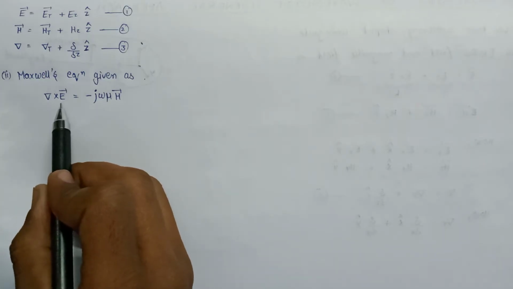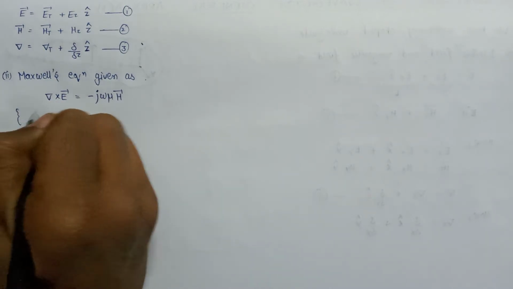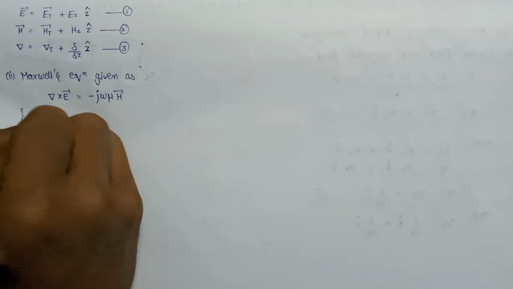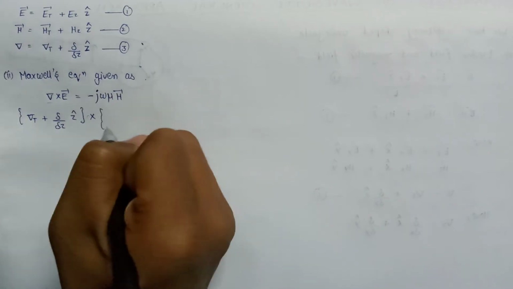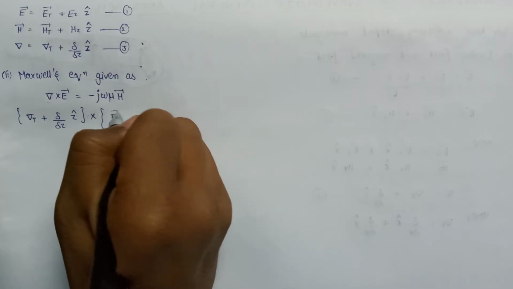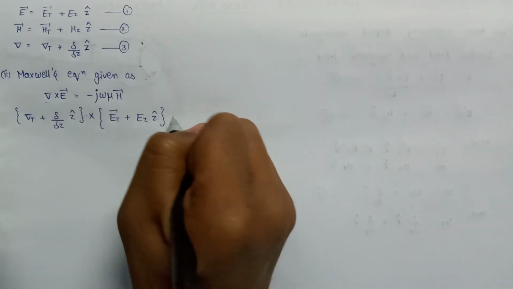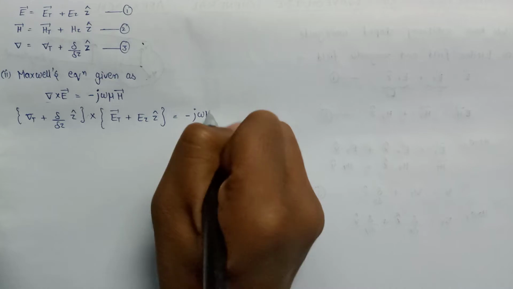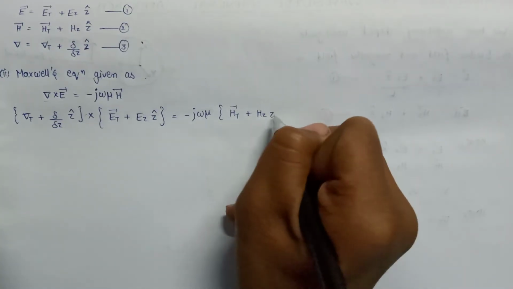And if we substitute the values of electric field, magnetic field and del, then we get, first of all, the value of del from equation number 3: del T plus del over del Z of Z cap, cross the electric field from equation 1: Et plus Ez Z cap, equals minus j omega mu, and the magnetic field is H transverse plus Hz into Z cap.